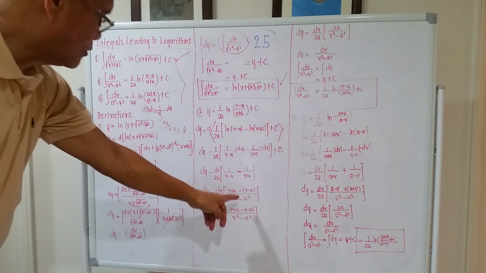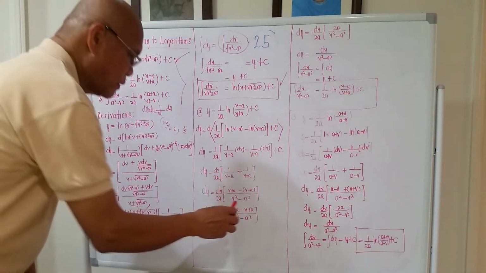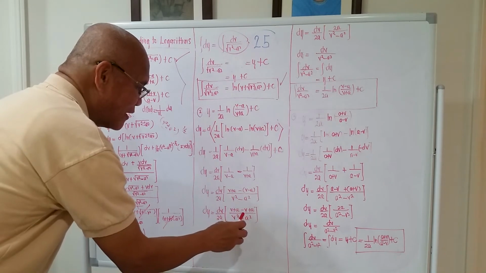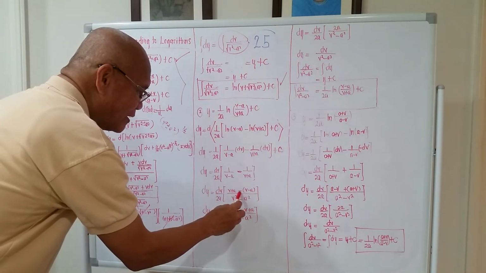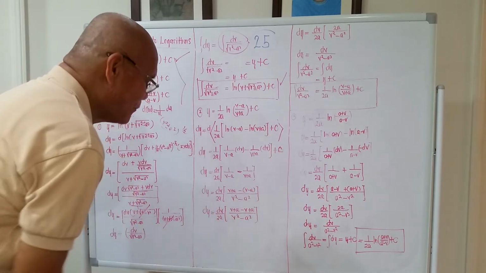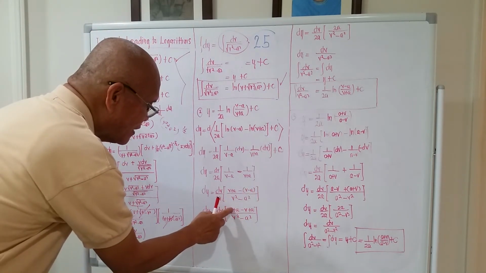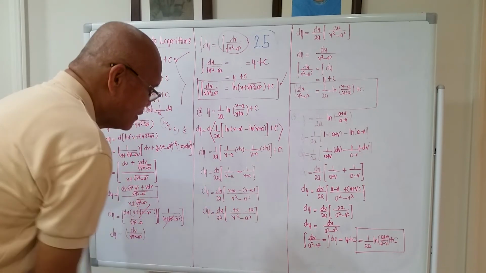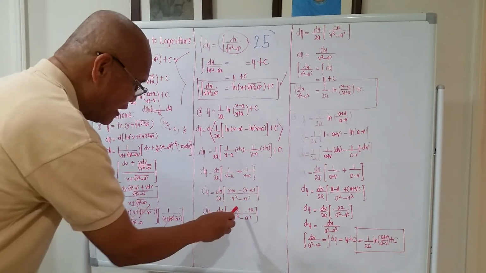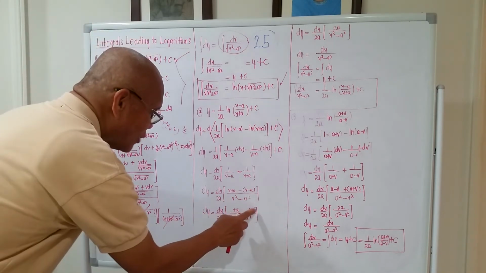And if we try to simplify this one, this should be v plus a, okay? Minus 1 times v is minus v, minus 1 times minus a is plus a. And luckily, this v here cancels with this. Okay? So what remains on the numerator is a plus a is 2a. This will now be 2a.